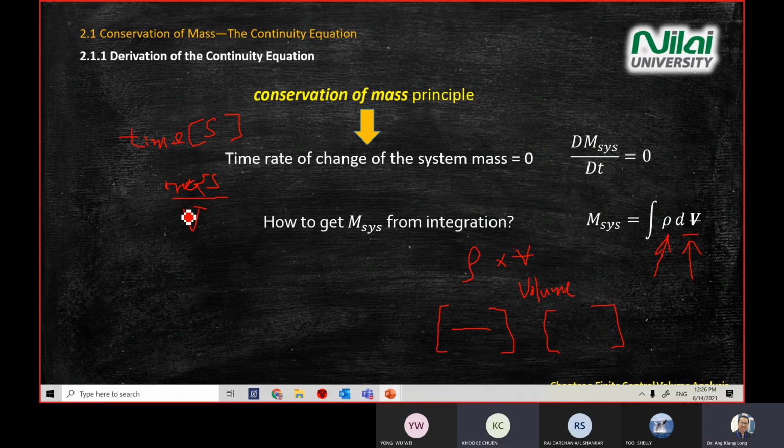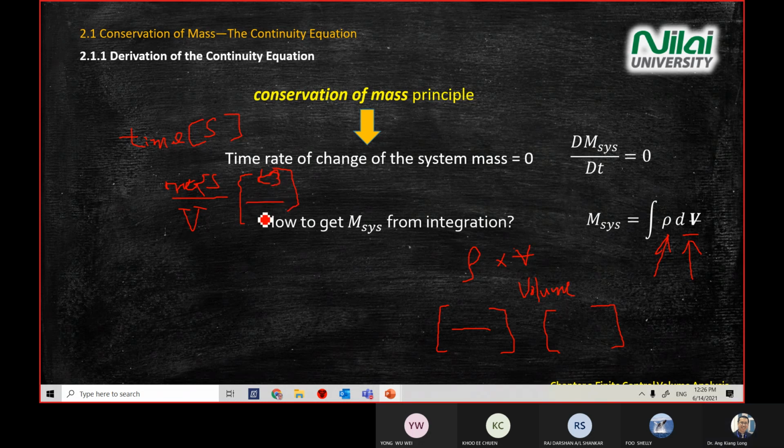Okay, so what is the mass unit? How do you weigh it or how do you measure it? Kg.